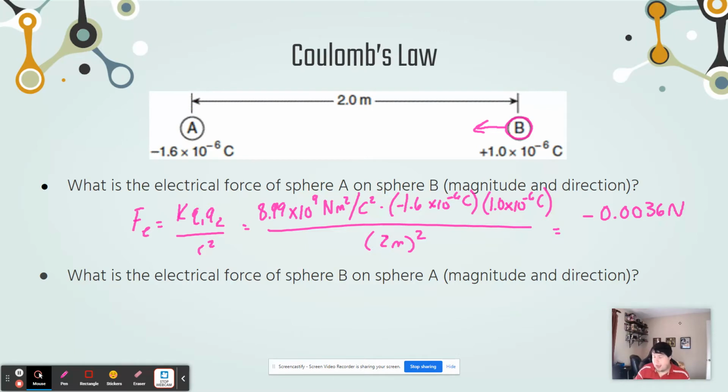So if sphere A is pulling sphere B with negative 0.0036 newtons, then the magnitude of sphere B on sphere A must also be 0.0036 newtons. The one key difference here is the direction. If this one's pulling to the left, then this one would be to the right, because that force would then pull that way, and that would make it both attractive.